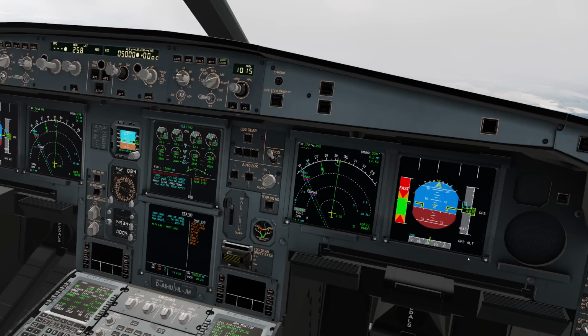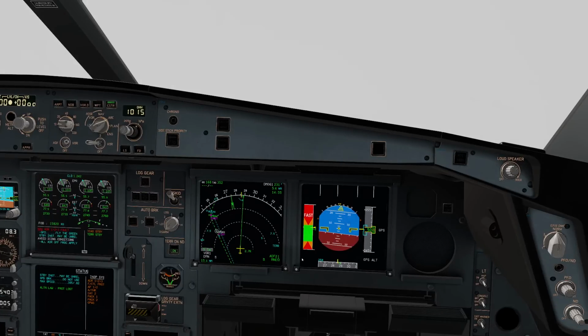But it gives us somewhat of an indication. Also, as long as we keep our speed within the green range, basically our angle of attack in the green range, you will see that the airplane is going to fly quite well. My navigation is a bit all over the place right now, but that's not too much of a problem. Let's make a right-hand turn to a heading of 080, so that we slowly get into a downward vector.